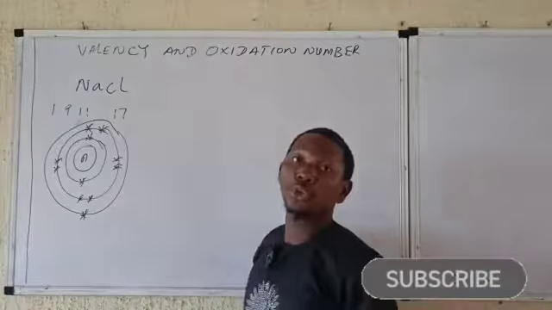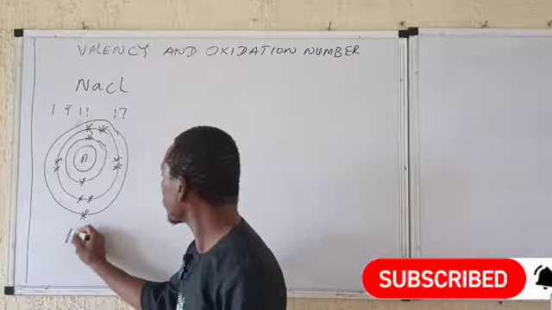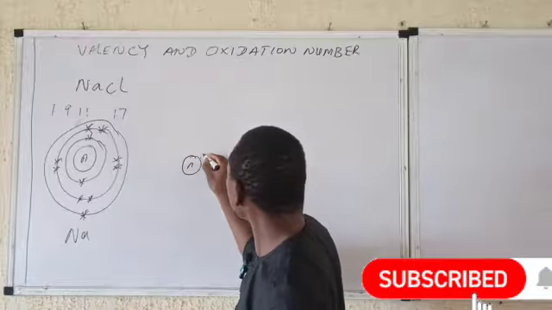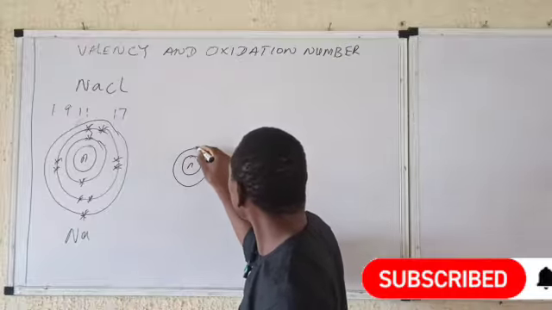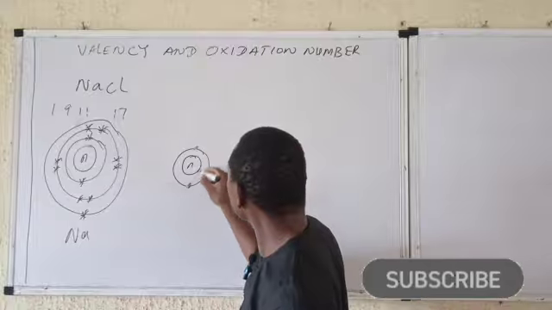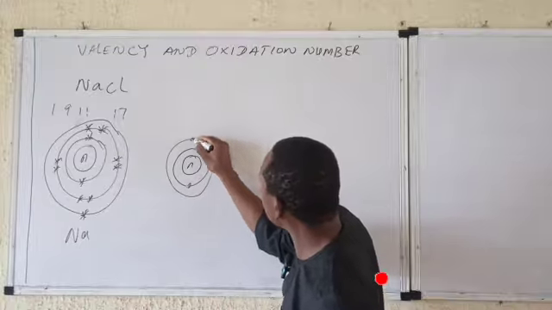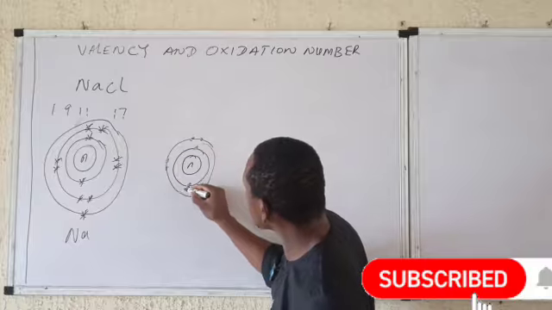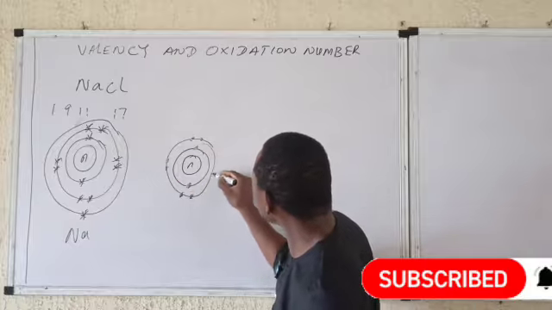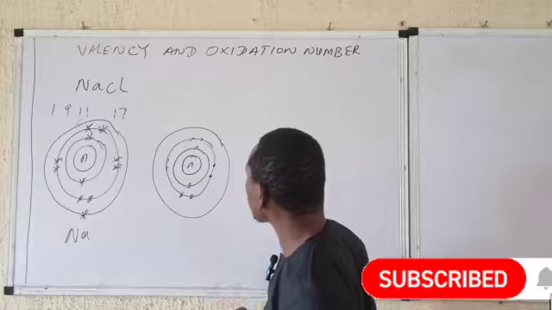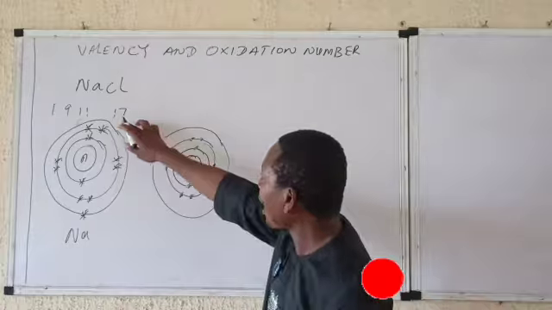Now let's draw the structure of chlorine. The first one is the nucleus. The first shell takes 2 electrons. The second definitely will take 8 electrons. We are using a different symbol to represent the electrons. Remember, we have 17 here.